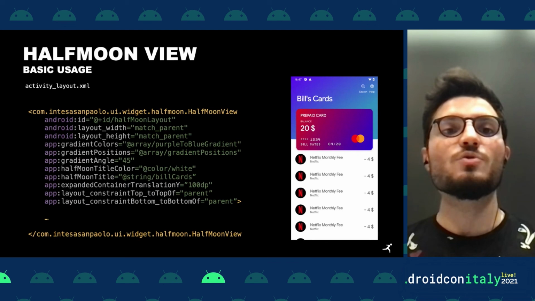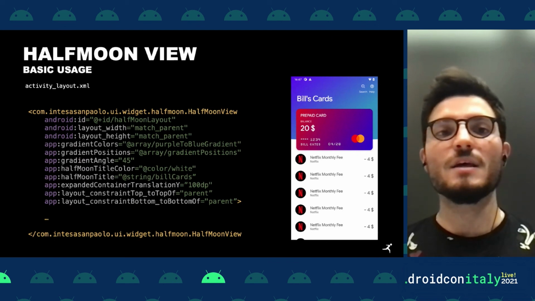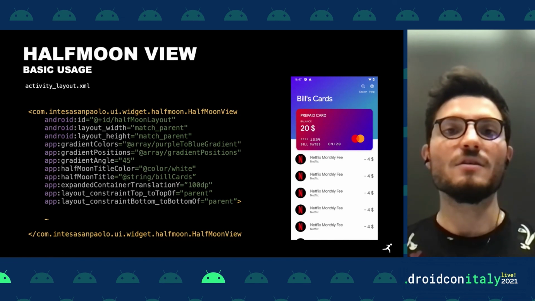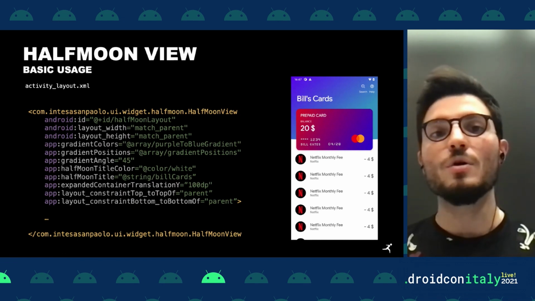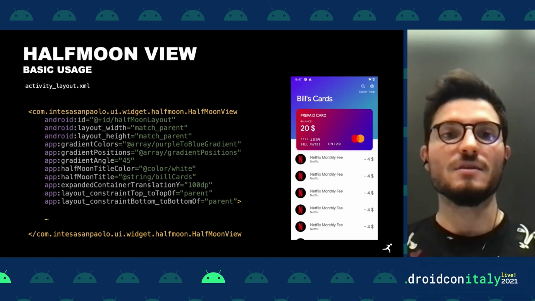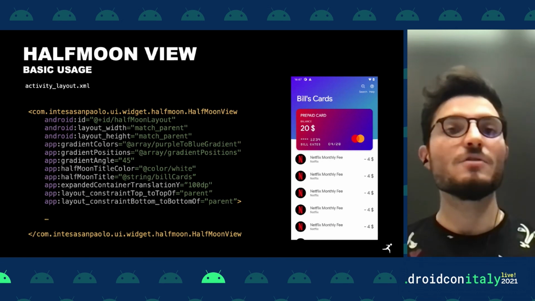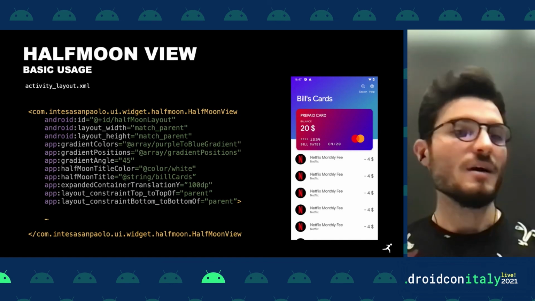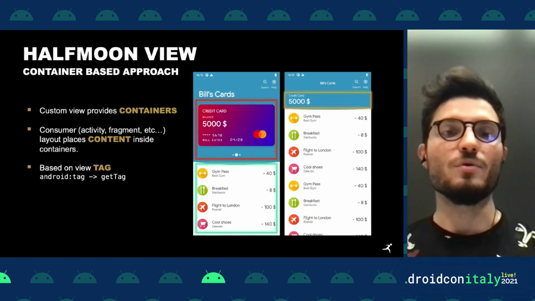We can translate it along the y-axis. So if we don't want our credit card to stay inside the arc view, we can set a sort of offset on the y-axis. And it's very easy to use because we use the container-based approach.